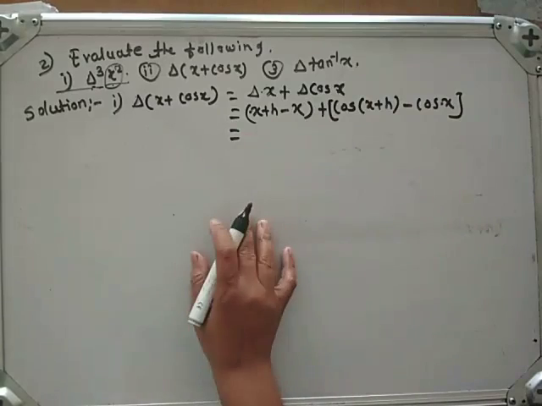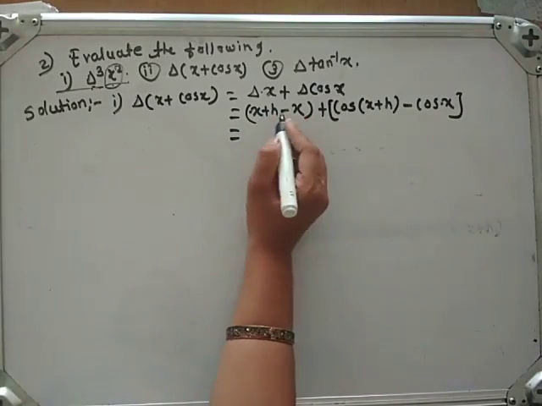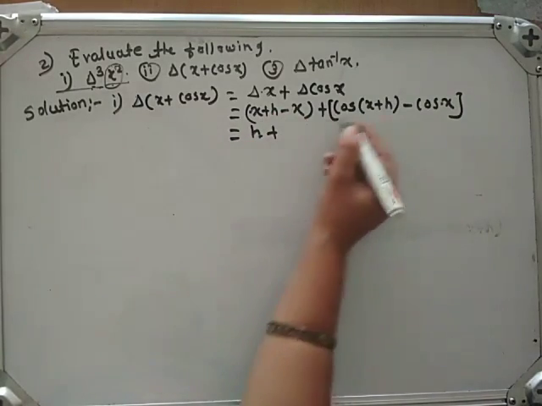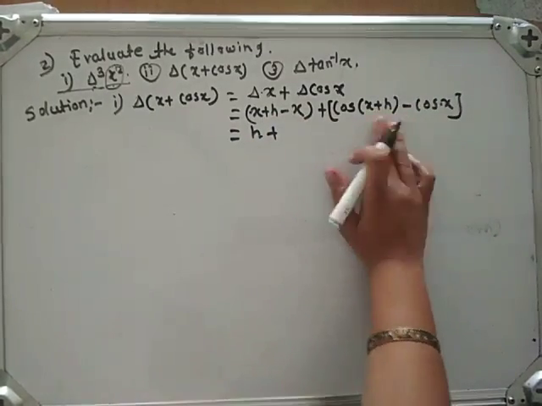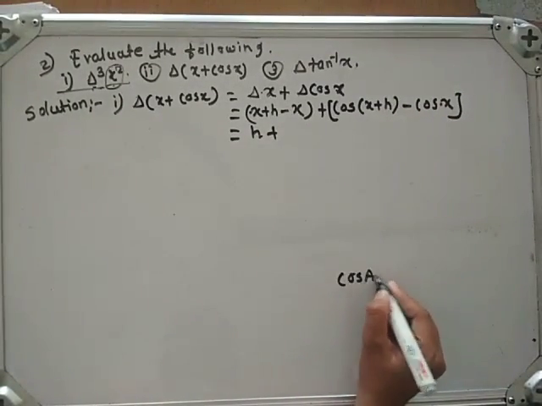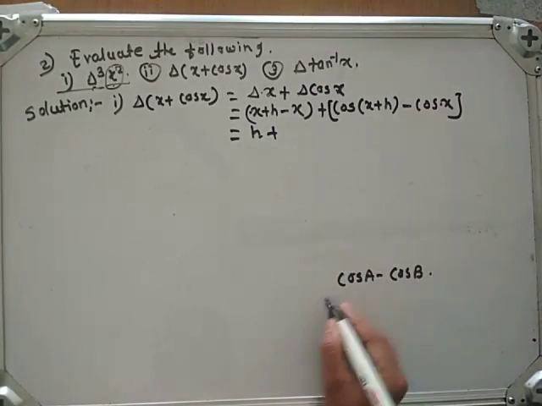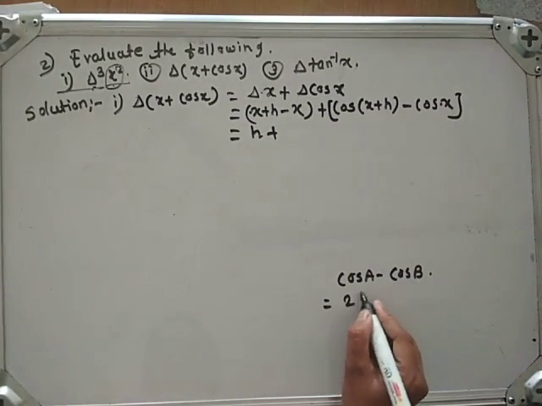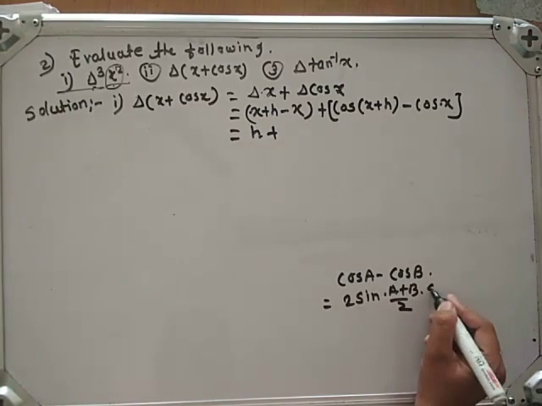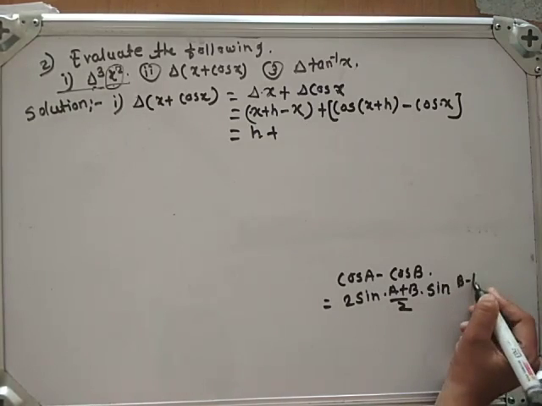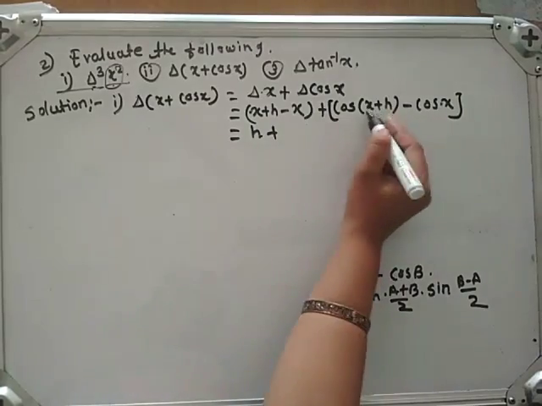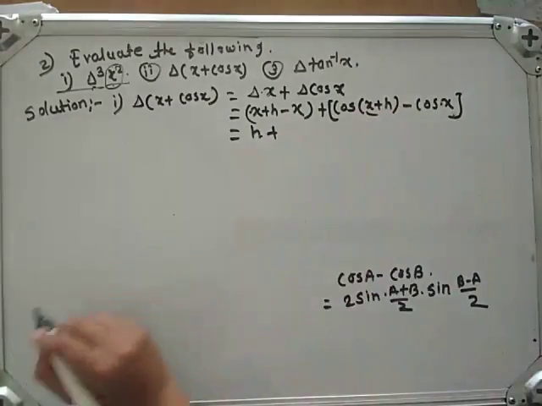By using the definition of delta, here x plus h minus x remains only h. Plus, here use the formula cos a minus cos b is equal to 2 times sin of a plus b upon 2 into sin of b minus a upon 2. Here a is x plus h and b is x.